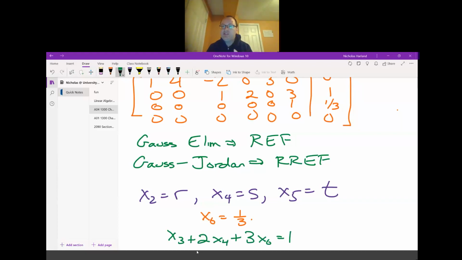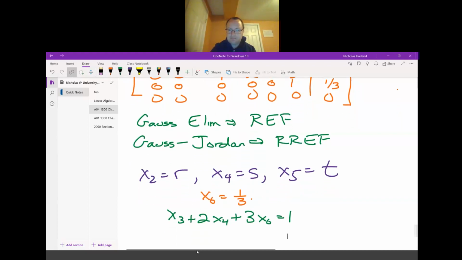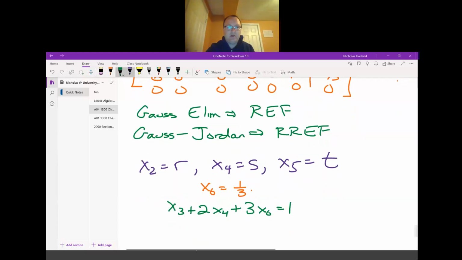And we want to use this equation to help us solve for x3. We already know what x6 is, we just did it above, and we already know what x4 is, we have that above as well.